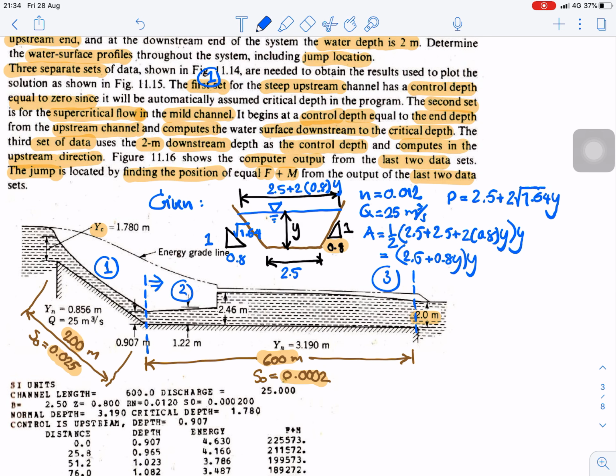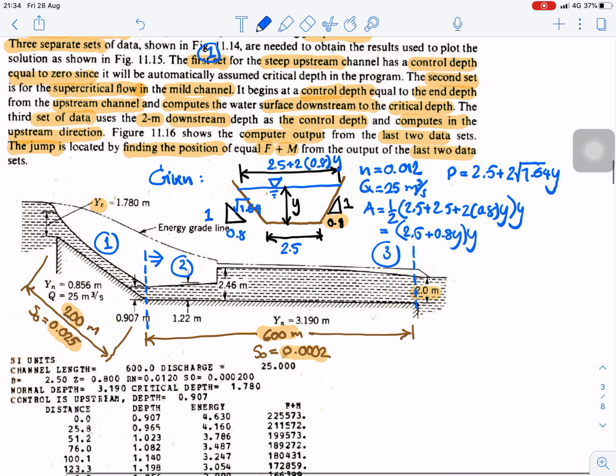Okay. And the velocity is equal to Q over A.